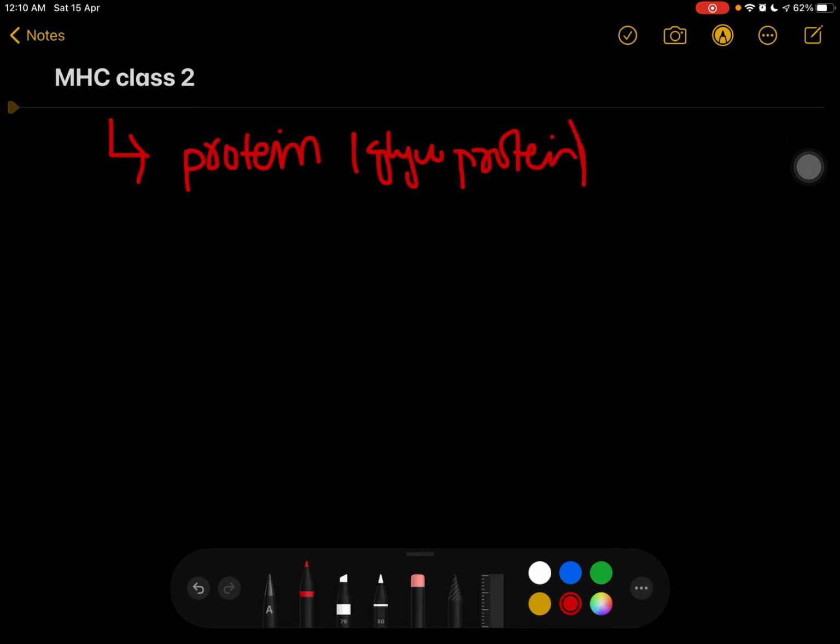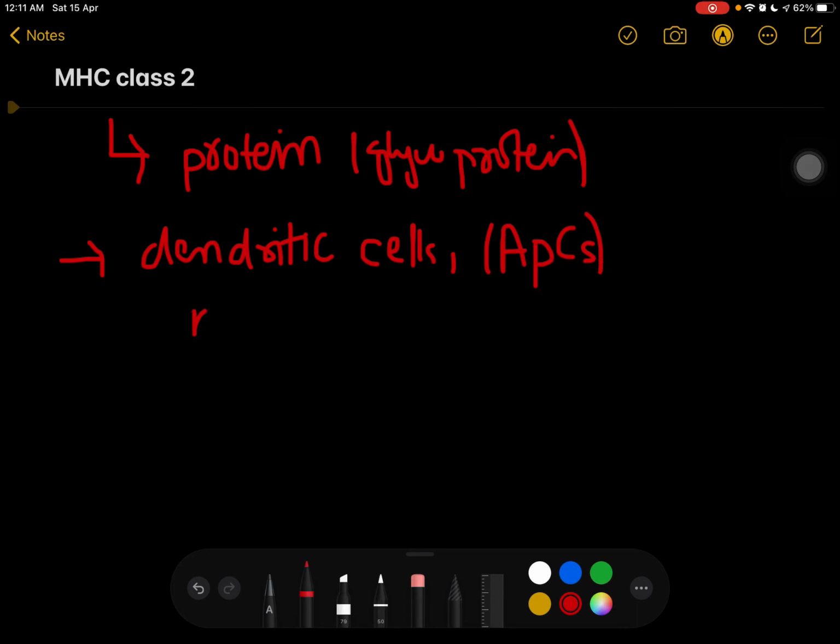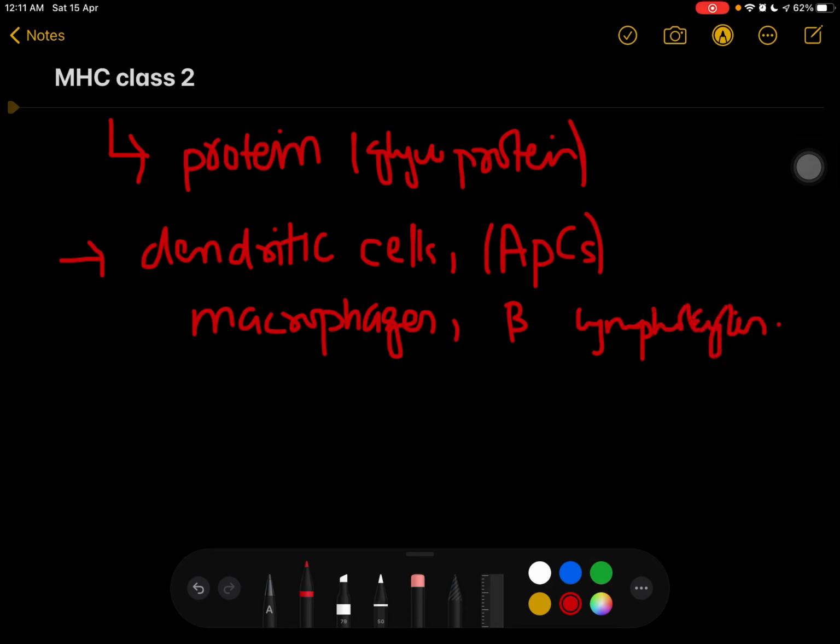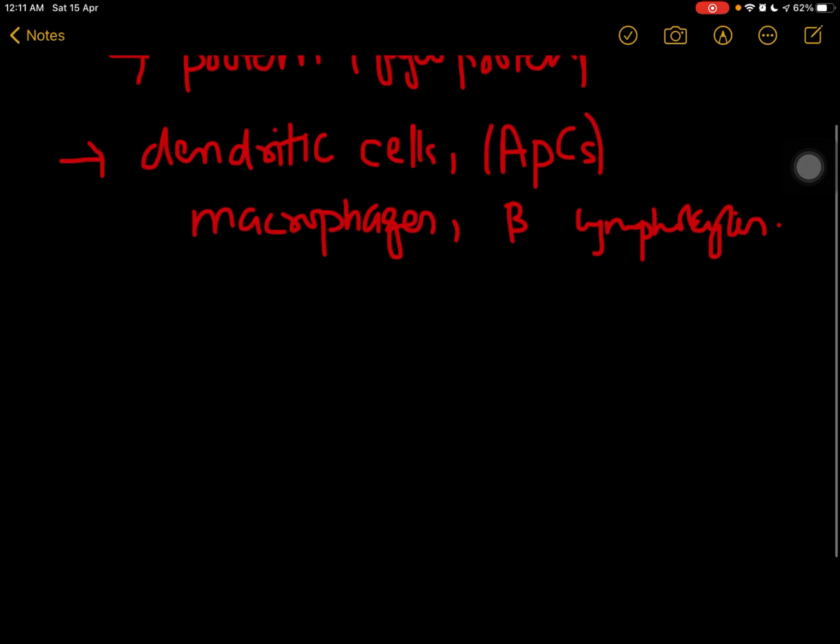It is a glycoprotein, and it is present on the dendritic cells, on all the APCs, like antigen presenting cells, on macrophages, and on B lymphocytes. Right, it is present on these cells.